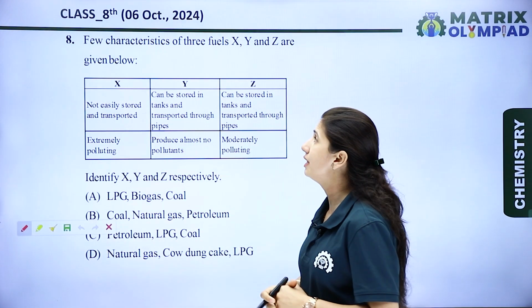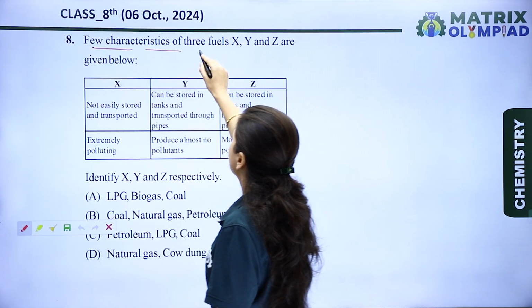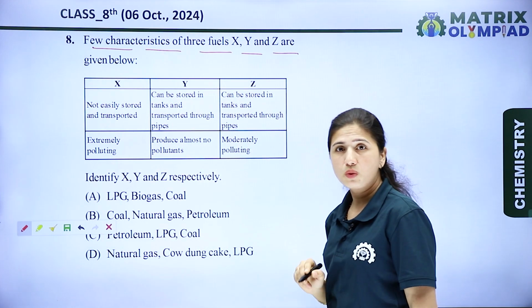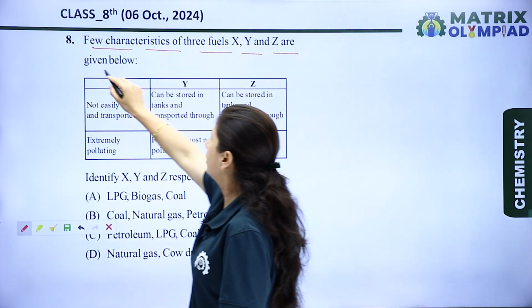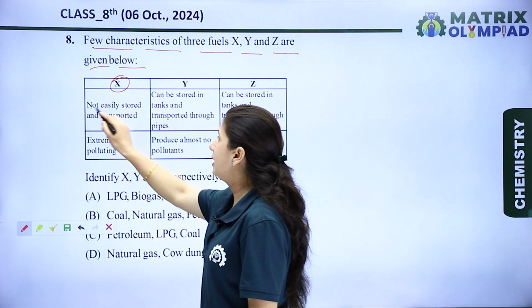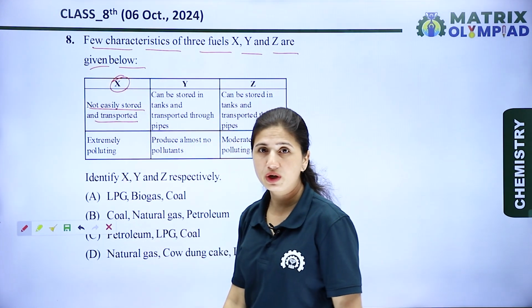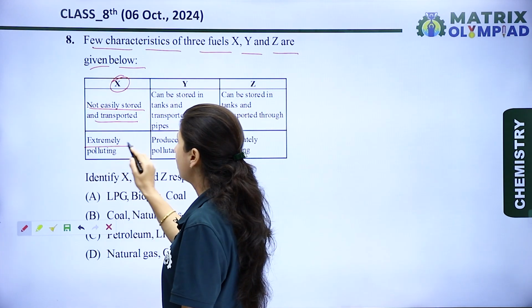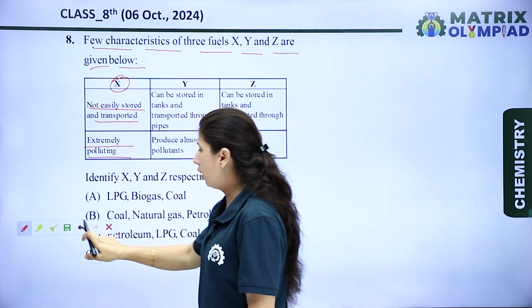The question is, a few characteristics of the three fuels X, Y and Z are given below. X is not easily stored and transported, and it is extremely polluting.